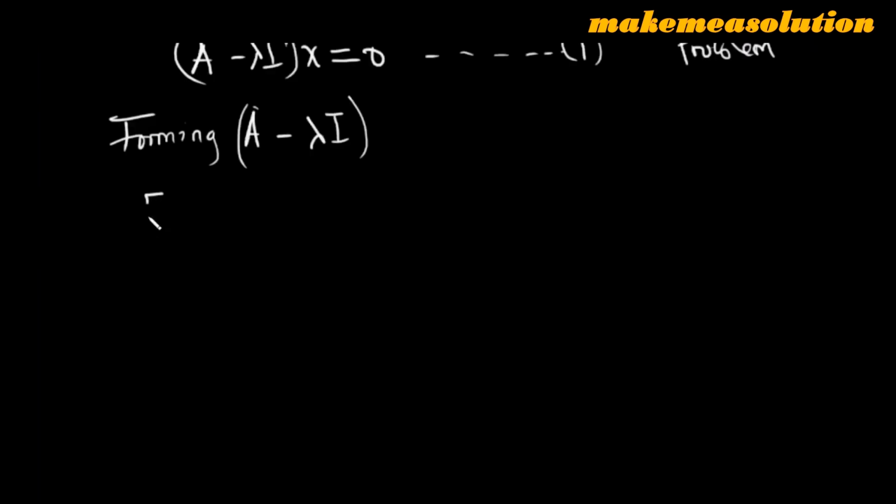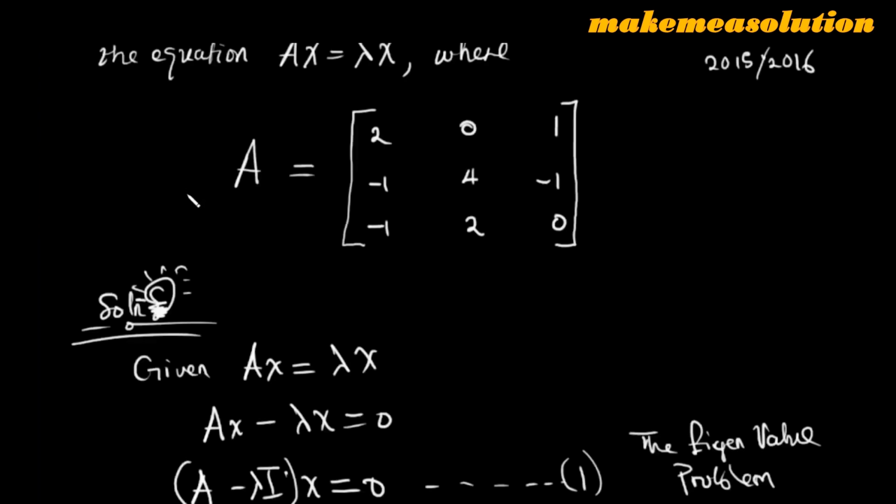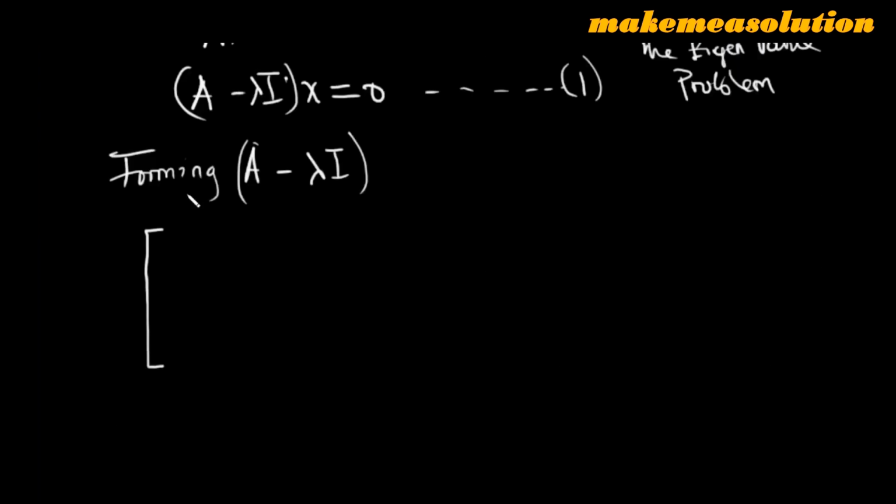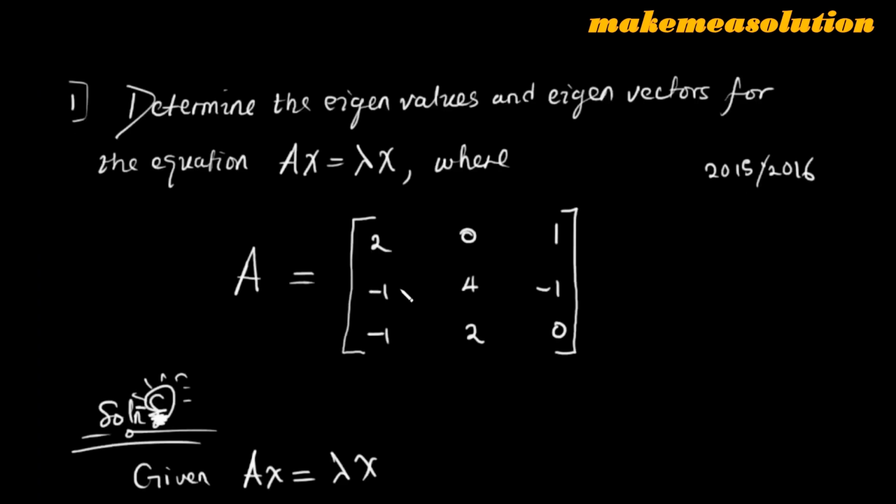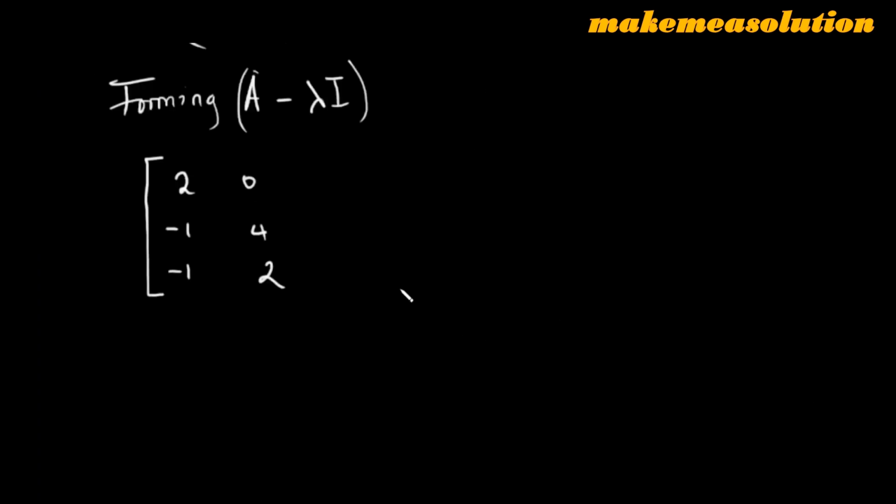Our A matrix is, I'll borrow what we have on top, 2, 0, 1, −1, 4, −1, −1, 2, 0. Then minus λI, so lambda into your identity.